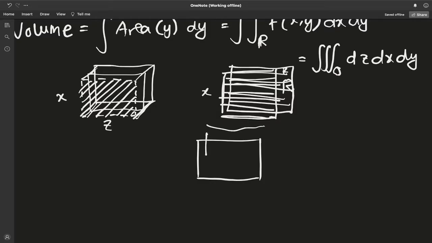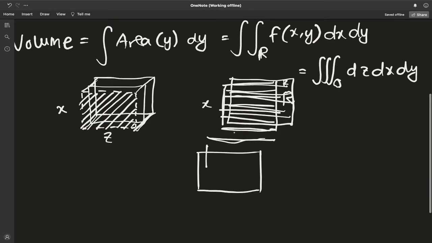Assume you have some function on top. So you're doing your dz first, so you're making these.